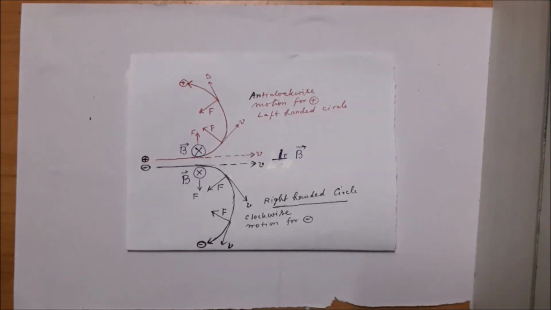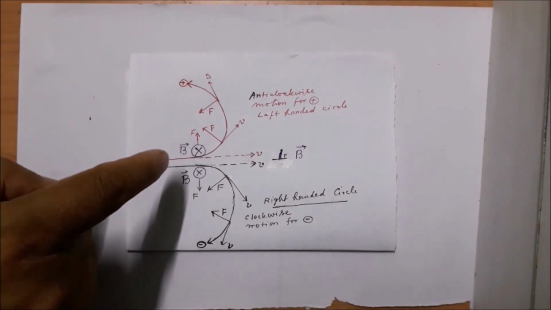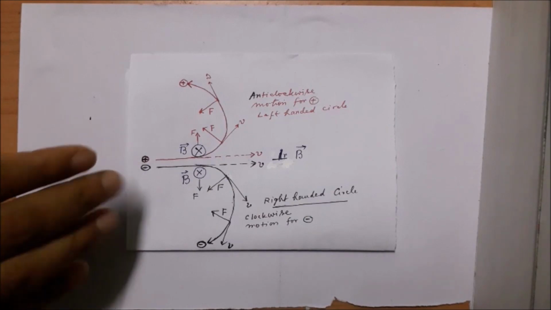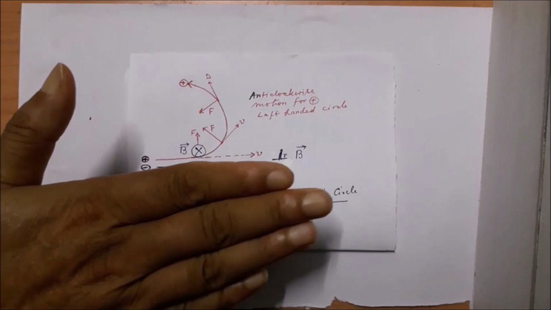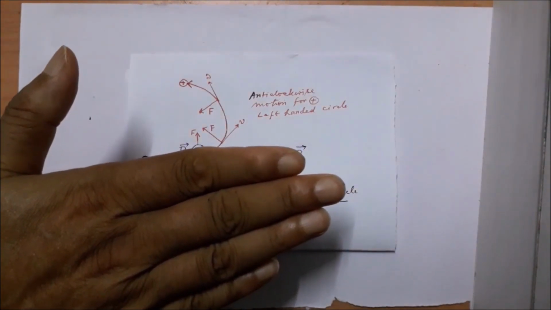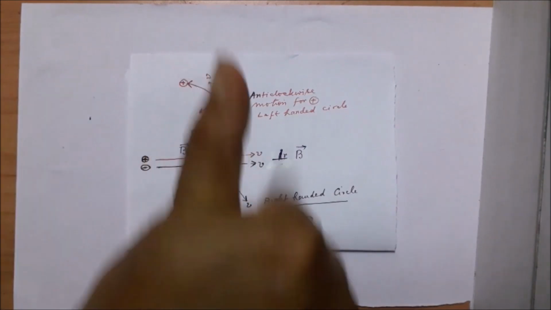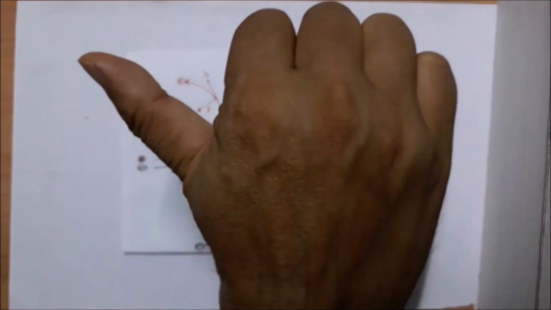Let us refer to this figure. This is the magnetic induction which points downward, and consider a positively charged particle entering into this region perpendicular to B. So here it comes and it is influenced by this magnetic induction pointing downwards, due to this Lorentz force which bends it in this direction.